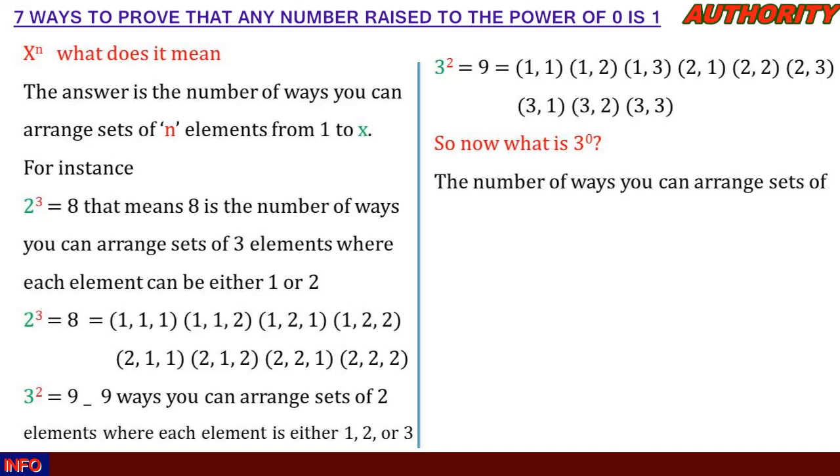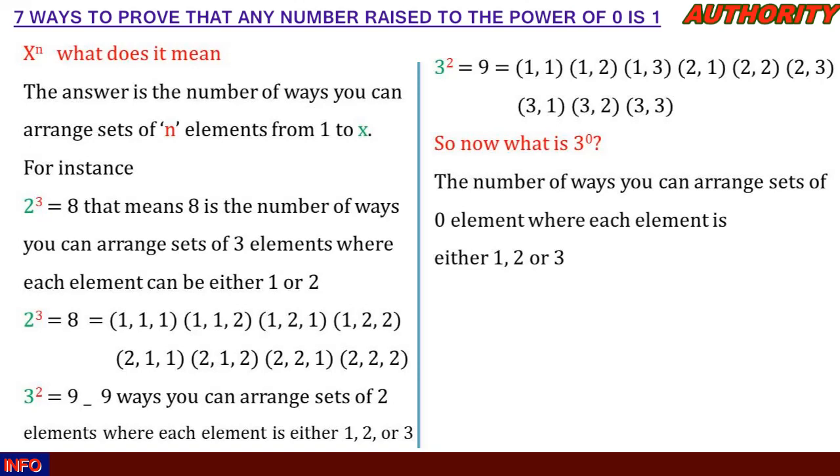The answer is the number of ways you can arrange a set of 0 elements where each element is either 1, 2, or 3. Is that clear?